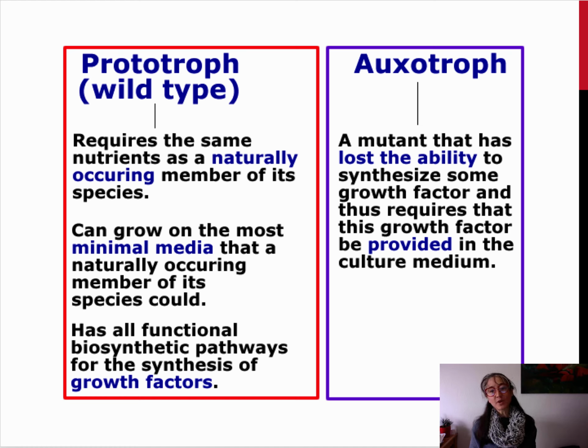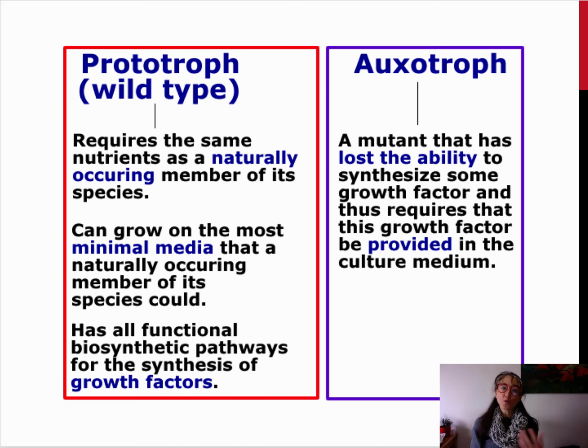So a good example of an auxotrophic mutant would be something that had lost the ability to biosynthesize, say for example, tryptophan. Remember looking at the trp operon in our activities last time. So if something has lost the ability to biosynthesize tryptophan, it would require that tryptophan was always provided in the culture medium.